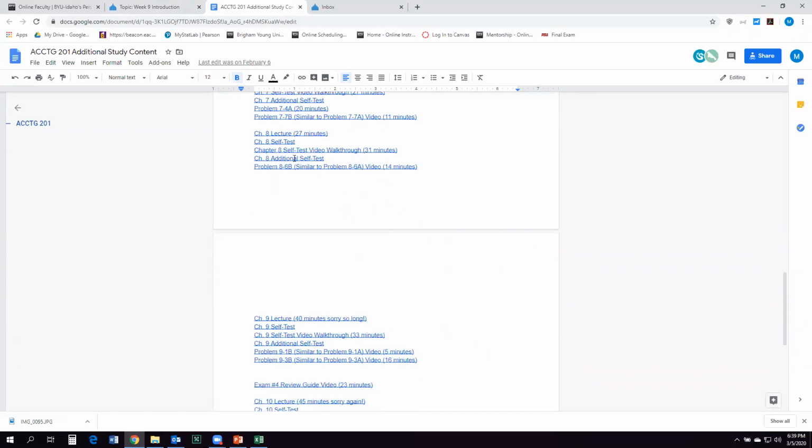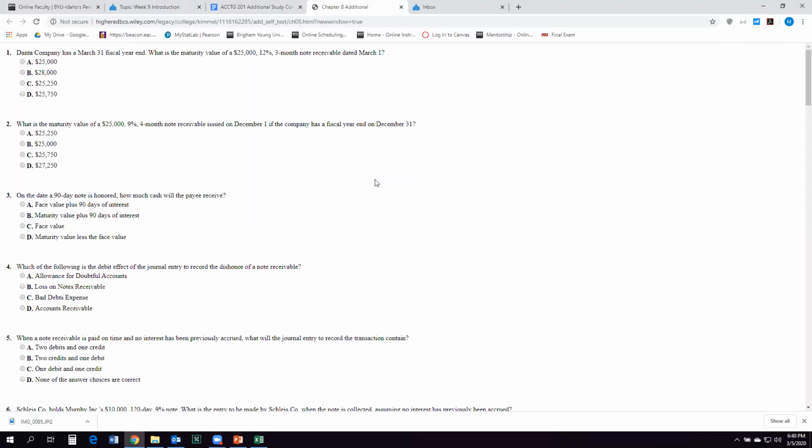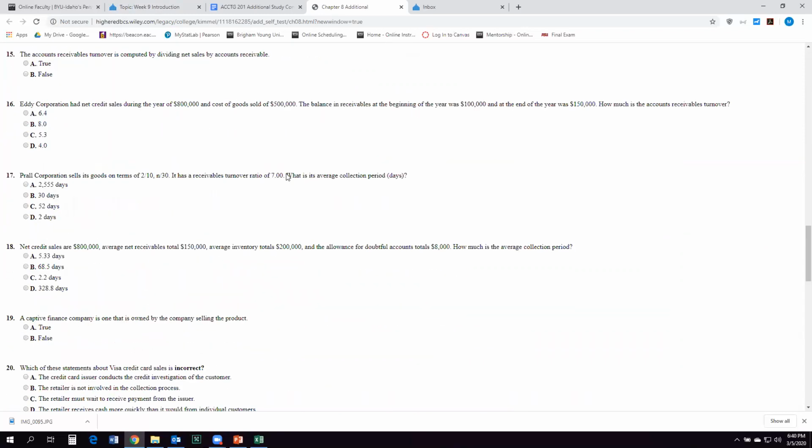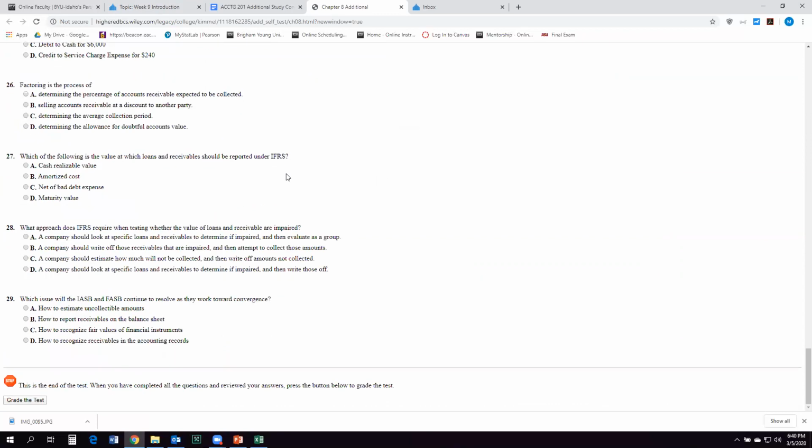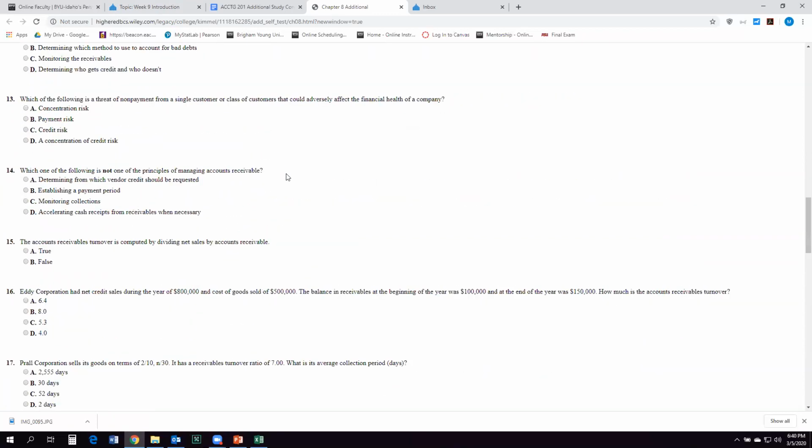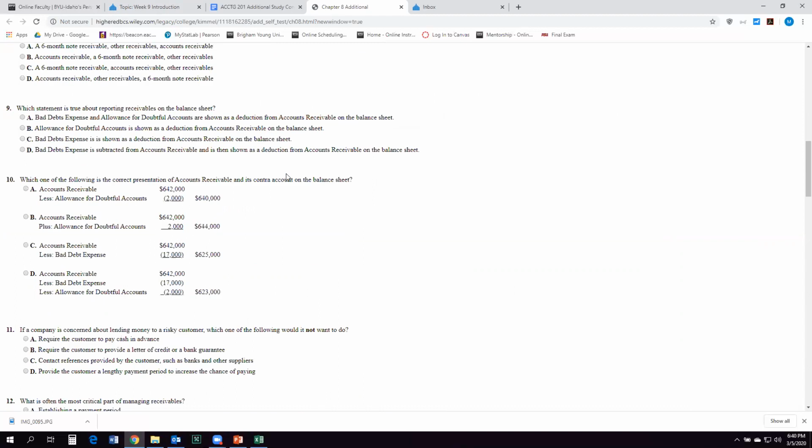So the additional self-test here. I wrote down the ones I got wrong. And the numbers, I think it might scramble them. I'm not sure of that though. Let's look at it and see. Let me compare with mine.